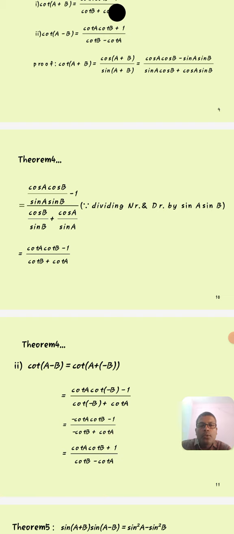Here, dividing both numerator and denominator by sin a sin b, some values are cancelled and we get cot a cot b minus 1 by cot b plus cot a. This is the formula of cot(a plus b).